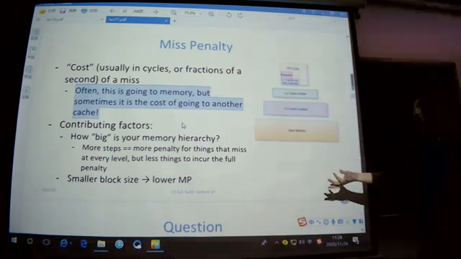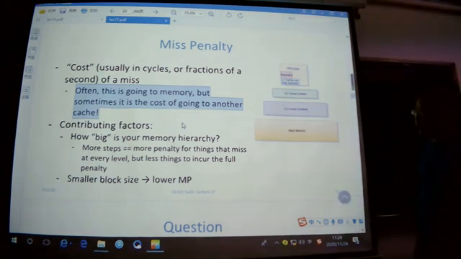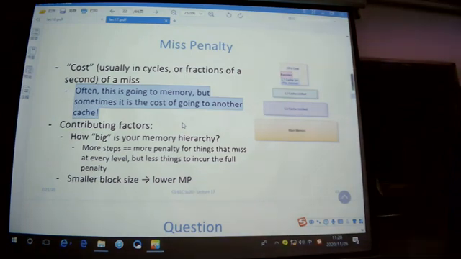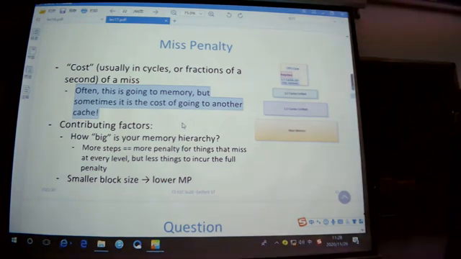If we have several caches, we don't know which cache the wanted data is in. So we must search, and we must go to the caches and memory. So this is a cost of time, access time.